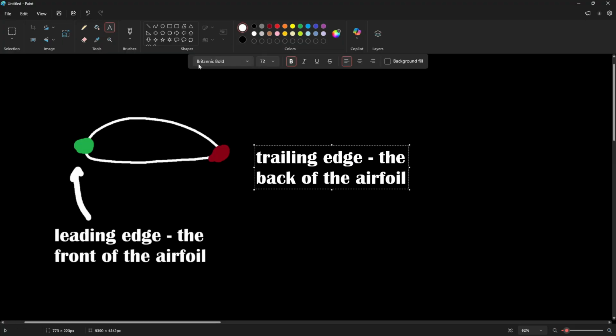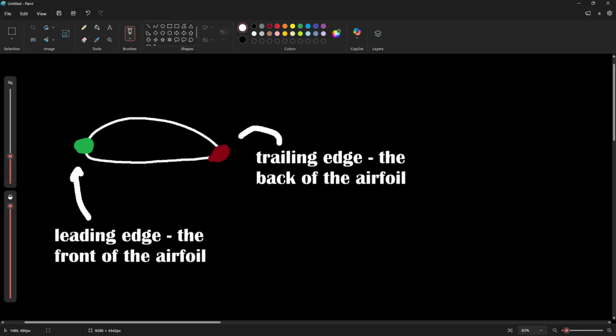So when we're looking at an aircraft and trying to define terms relating to the airfoil, we refer to the front of the airfoil as the leading edge and the back of the airfoil as the trailing edge.